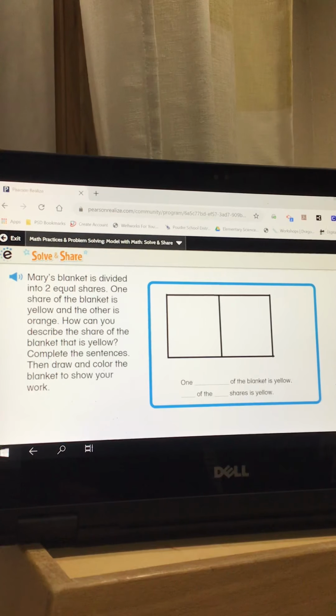I'm doing the best I can to get it equal, okay? Now 1 share of the blanket is yellow. Let's see, I have yellow, and I'm going to make it thicker. So 1 share of my blanket is yellow.